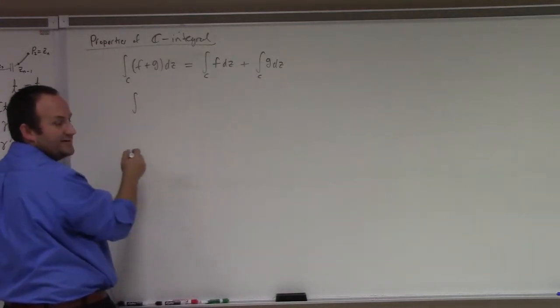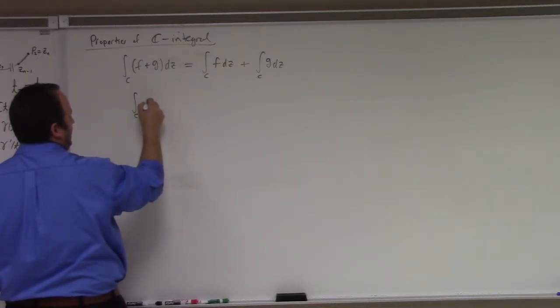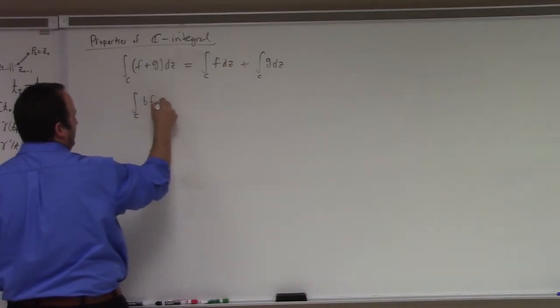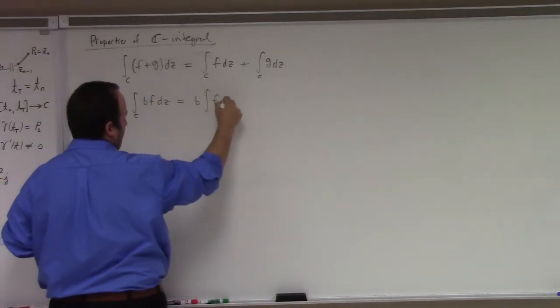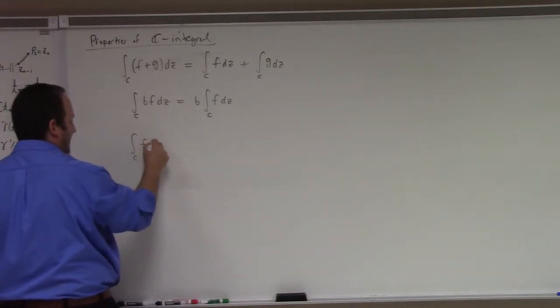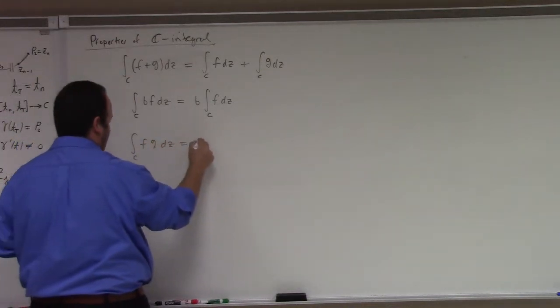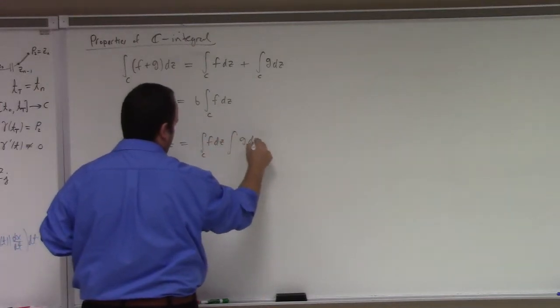Indeed, you are correct. How about this? If I have a constant, I'll call it b times f. Can we pull the constant out? Indeed, yeah. Here's a neat thing, though. For the complex integral, if we have f times g dz, we do not have the integral of f dz times the integral of g dz.